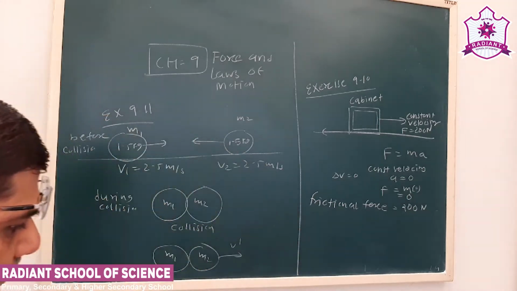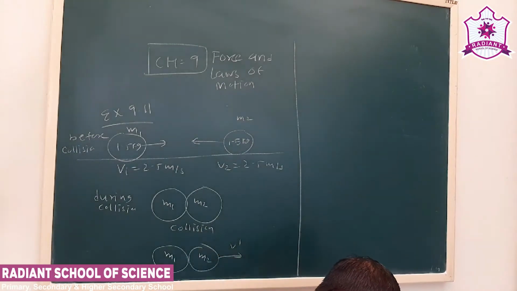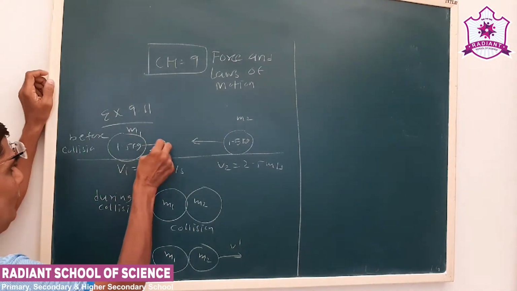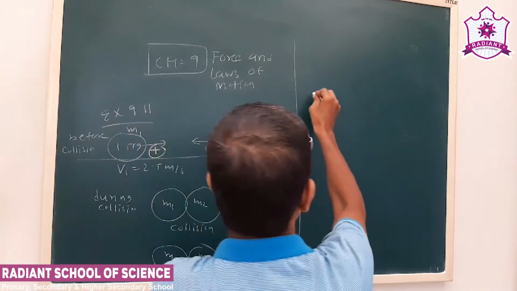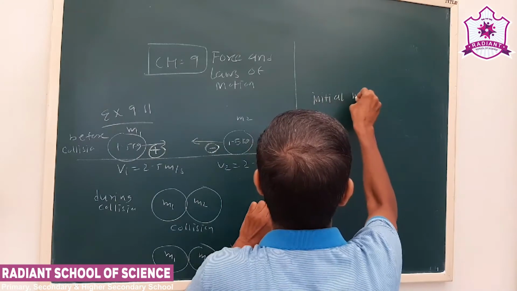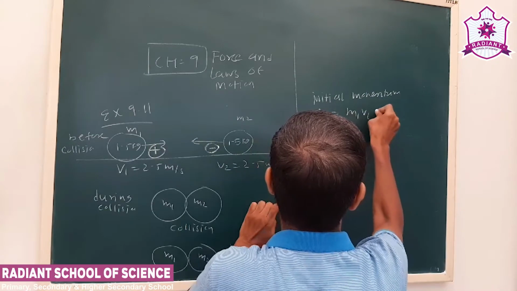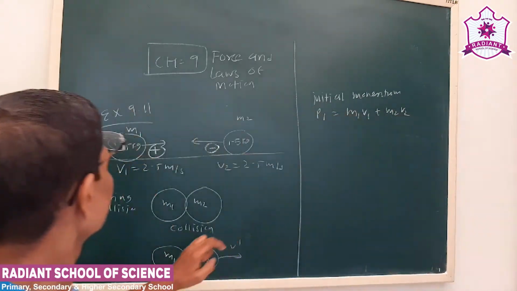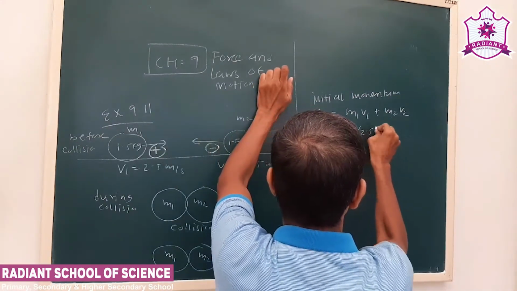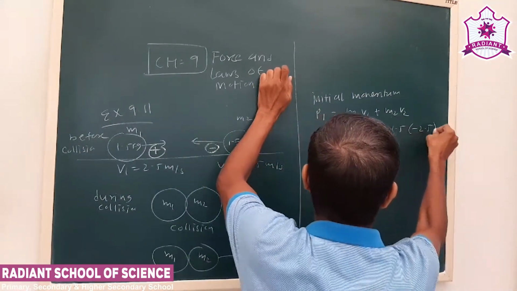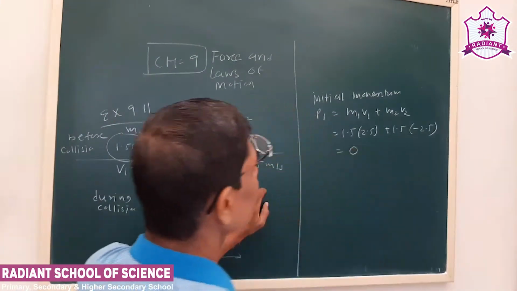Now we have to use the law of conservation of linear momentum. As a convention, I consider velocity on the right hand side positive and the opposite direction negative. So initial momentum is m1 v1 plus m2 v2. Here m1 is 1.5, v1 is 2.5, and we have taken minus 2.5 for the opposite direction. Initial momentum is 0.